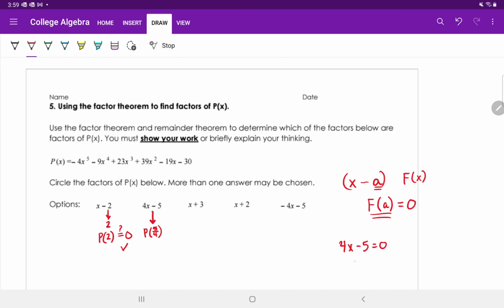What would make this equal 0? Well, you'd add 5 to both sides. You'd divide both sides by 4, 5/4. So if this were a factor, then its root would be 5/4. So that's what we're going to be plugging in and seeing if that's equal to 0. If it is equal to 0, this is a factor. If it's not equal to 0, it's not a factor. So that's the process that you'll follow on these questions.